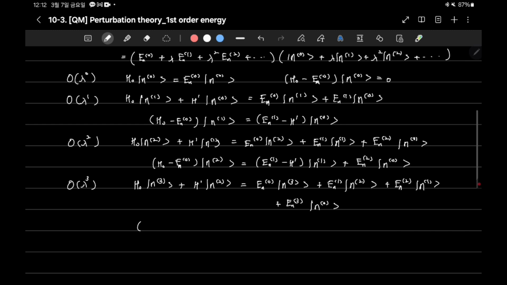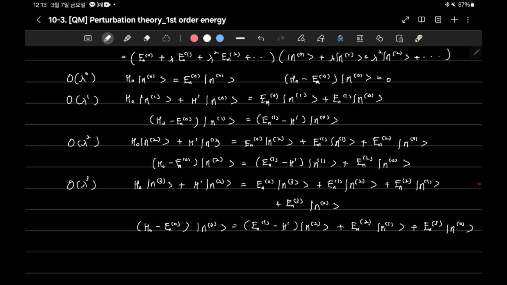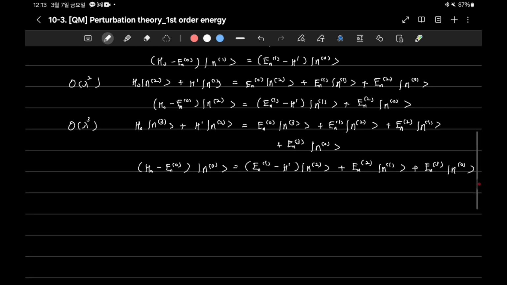We can summarize: (H0 minus En0)|n3> equals (En1 minus H prime)|n2> plus En2 |n1> plus En3 |n0>. The order can be expanded further, so it is a general formulation. At first we should consider the first order energy.